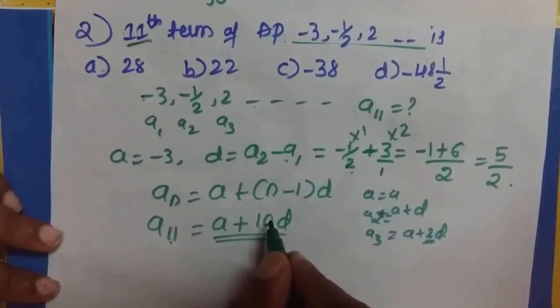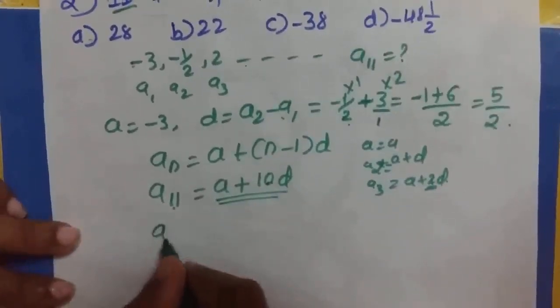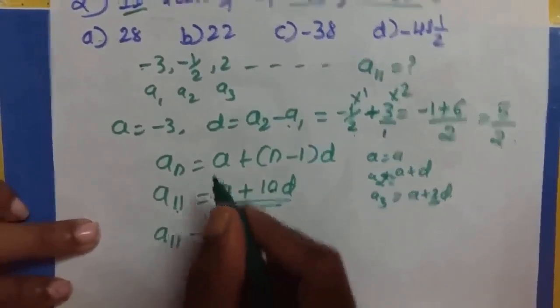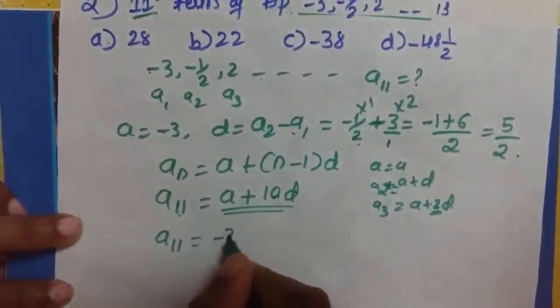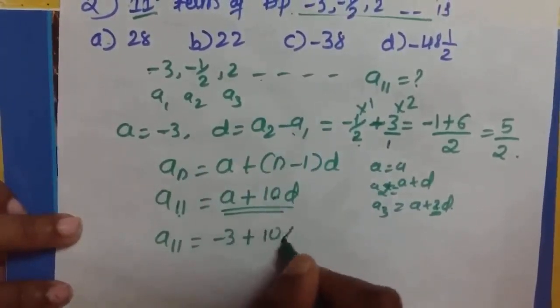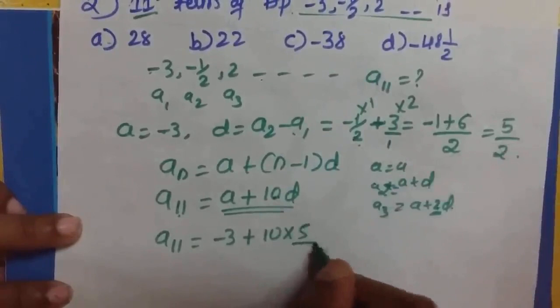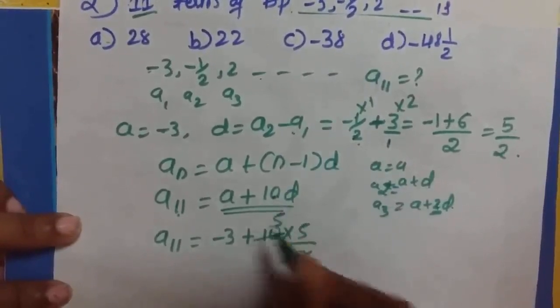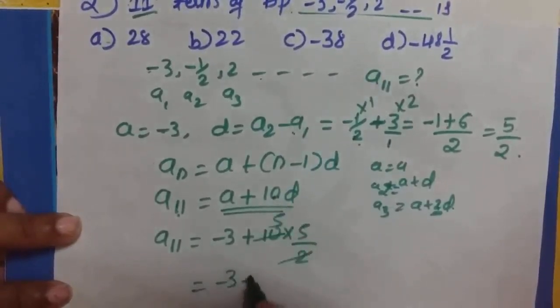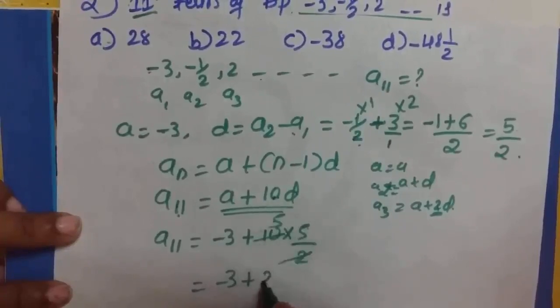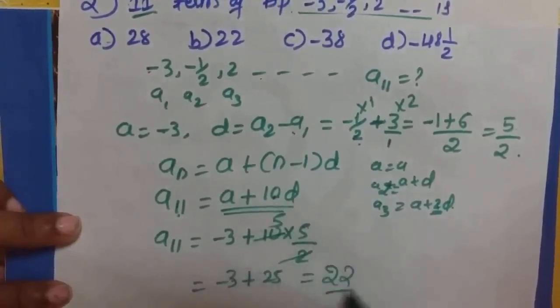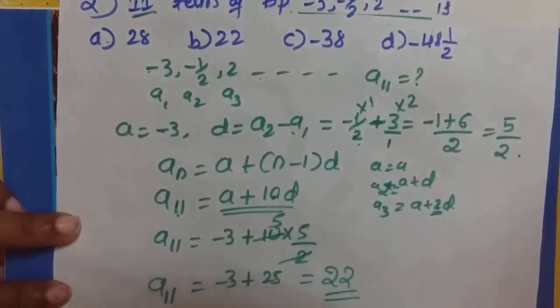I have taken it directly. So the 11th term is a, which is minus 3, plus 10 into d, which is 5 by 2. 2 fives are 10, so 10 times 5 by 2 is 25. It equals minus 3 plus 25, which is 22. This is the 11th term.